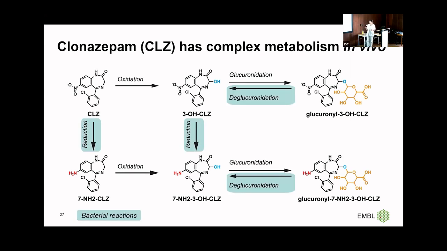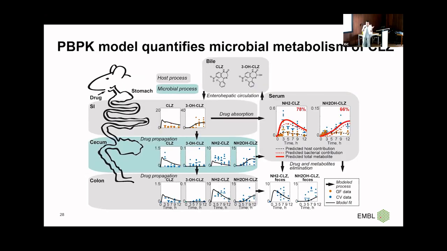The reactions highlighted here in green are also performed by the microbes, but in this case, we don't know by which microbes, only that they're performed by the entire microbiota. I'm not showing you the details of the experiments, but the principle is the same as for single microbes.